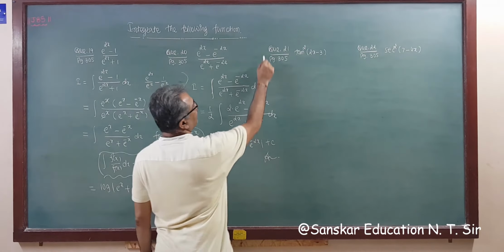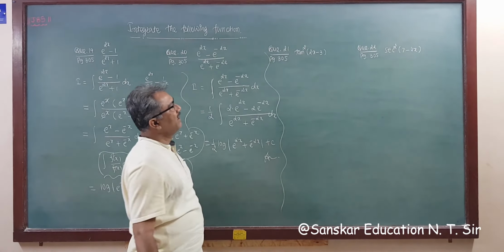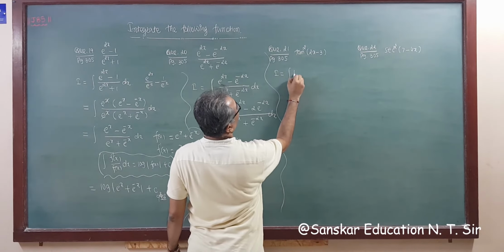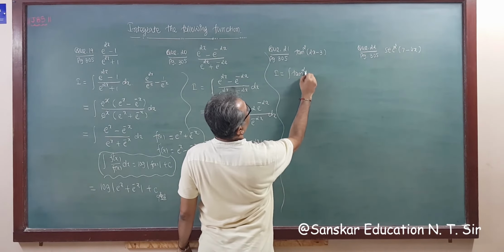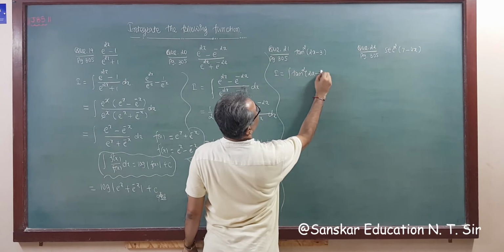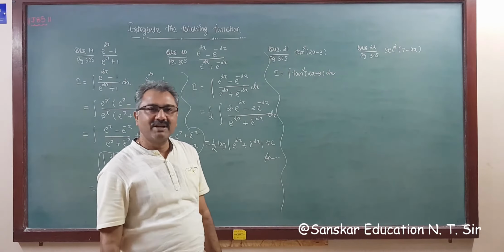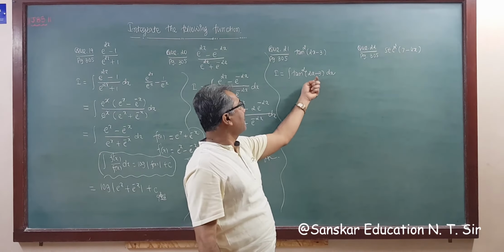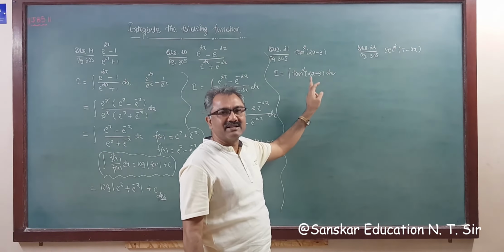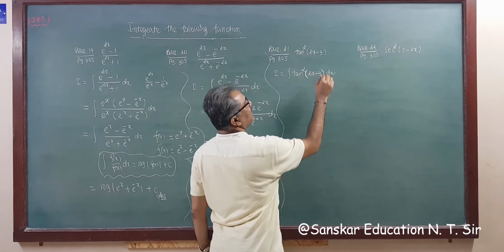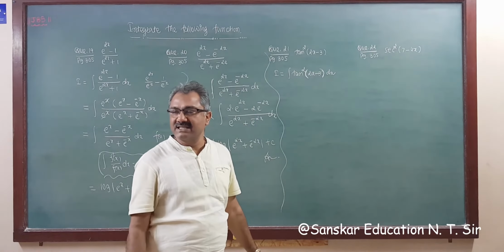Now this: I is equal to integration of tan square of twice x minus 3, dx. What we require is tan square x, but instead of x we have twice x minus 3. So what is new? This is new. Assume twice x minus 3 is equal to t.